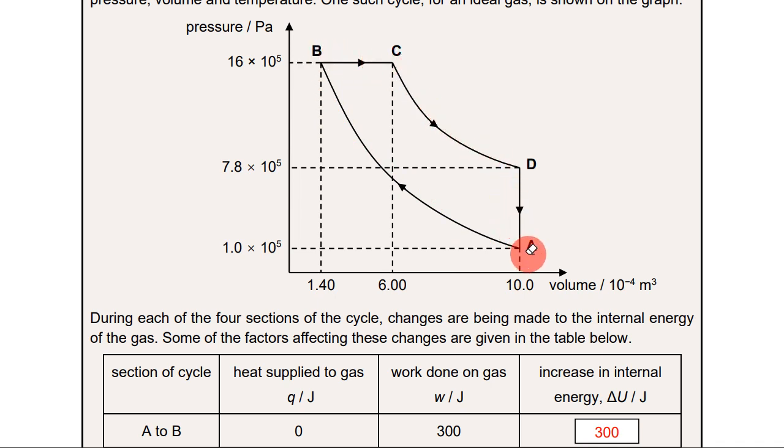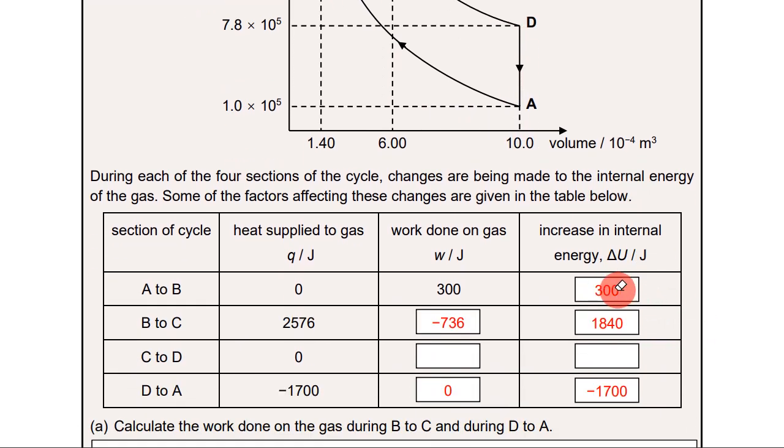If it returns to its original state, it returns to its original internal energy, because everything is exactly the same as before: same pressure, same volume, same temperature. So in one cycle, the overall total change in internal energy will be 0. That means 300 plus 1840 plus this value plus negative 1700 must add up to give 0. So that's how you work out this value.